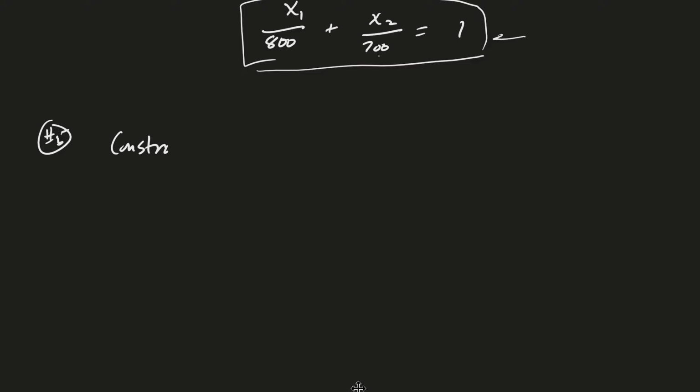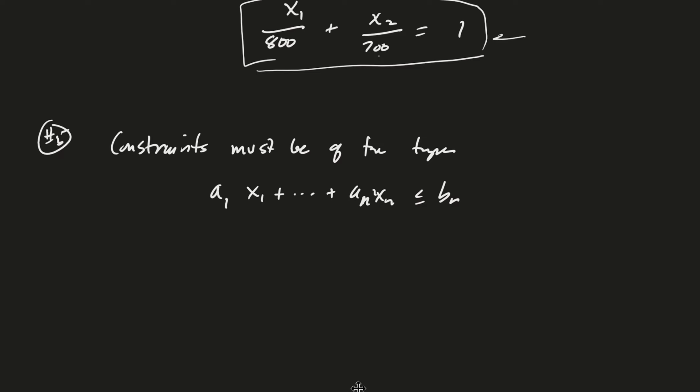Constraints must be of the type A1 x1 plus ... plus AN xn less than or equal to BN, for example. Why am I including the equality sign? That's the question for number 5. So why not A1 x1 plus AN xn is just less than BN?